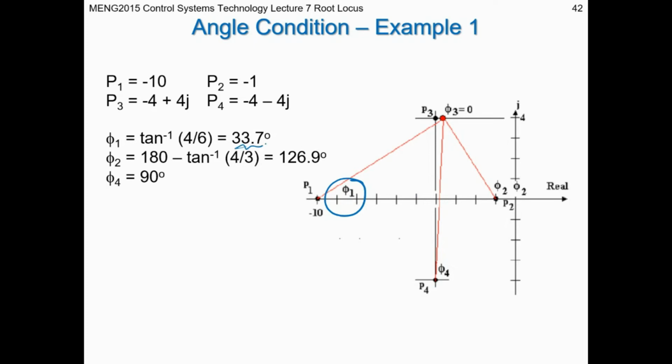That gives us 33.7 degrees for phi1, which looks about right visually. For phi2, the angle now is going to be from the positive real axis in an anti-clockwise direction. This is confusing in as much as it's the opposite angle to the one we use to calculate our damping lines, which I mentioned at the beginning.